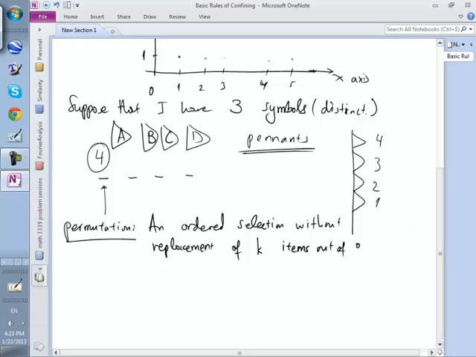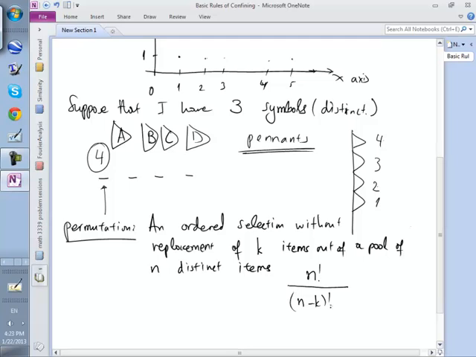Out of a pool of n distinct items. So that's a permutation. And in general, that permutation can be done in n factorial divided by n minus k factorial ways.